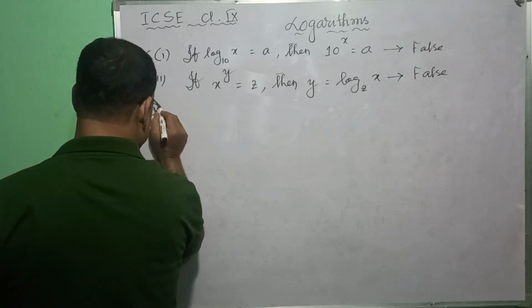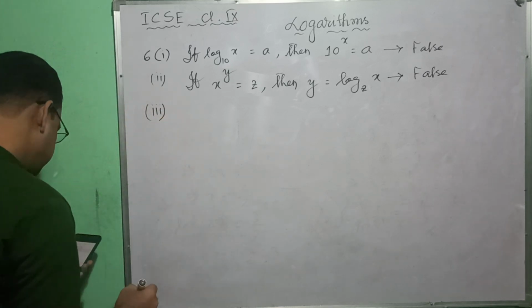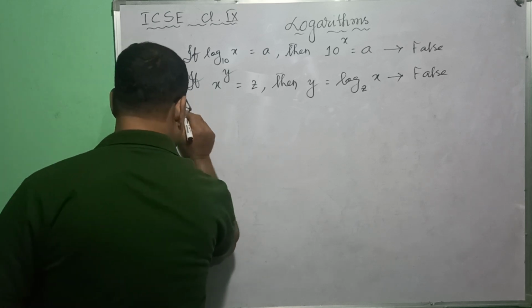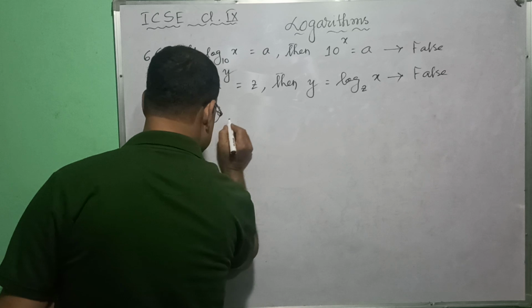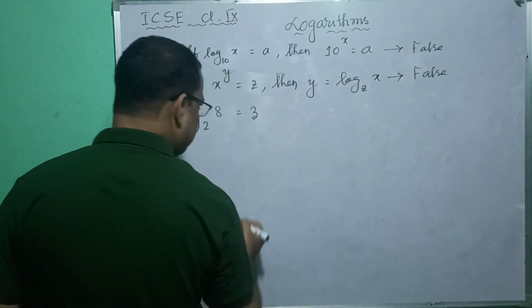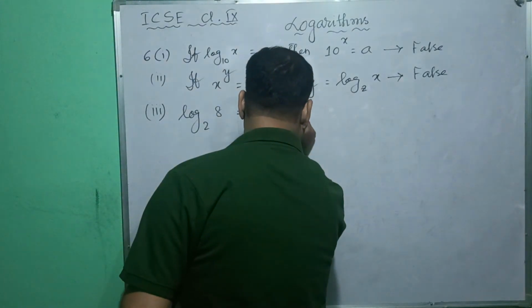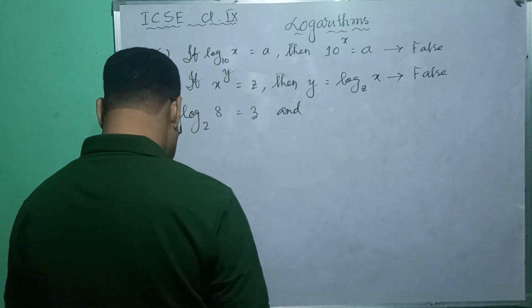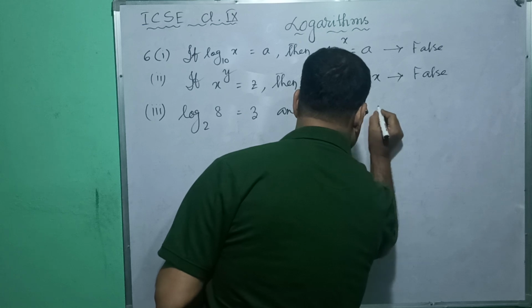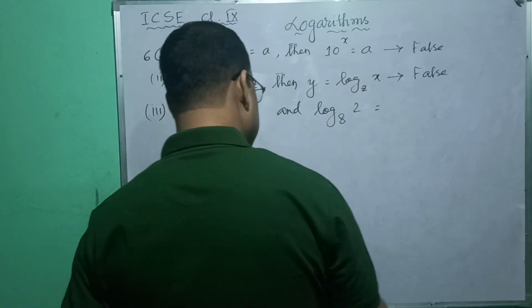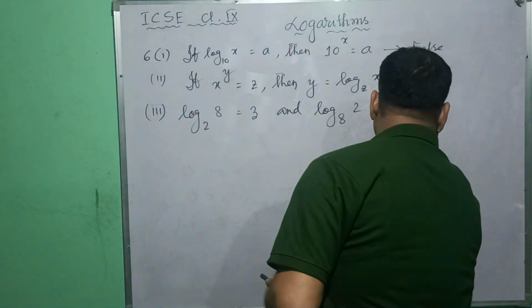In statement 3, it is given log 8 at base 2 equal 3 and log 2 base 8 equal 1 by 3.